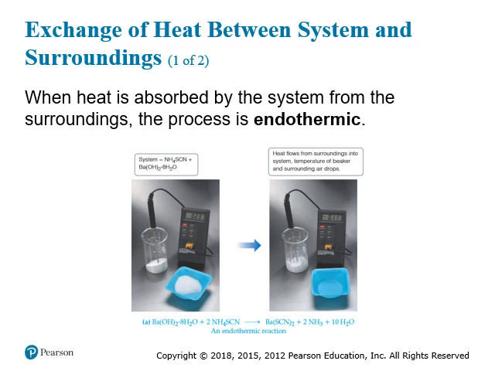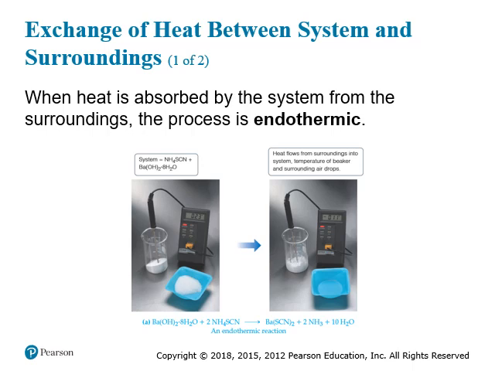If energy is transferred to the system from the surroundings by means of heating, the process is said to be endothermic. Here on this slide, we see the reaction of ammonium thiocyanate and barium hydroxide octahydrate.